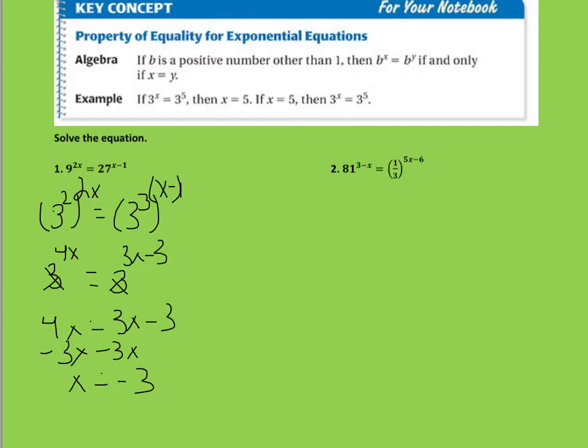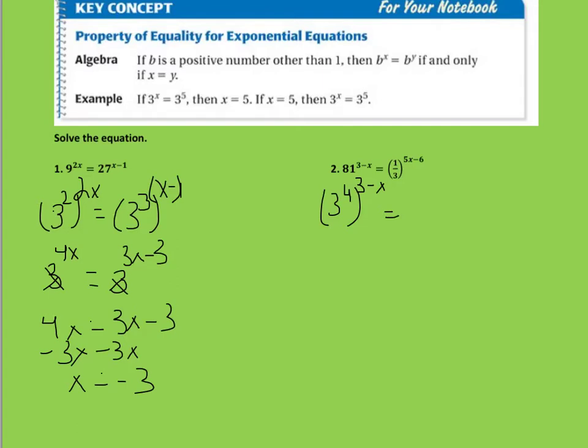Okay, so anytime you see a whole number in a fraction, one of the exponents needs to be changed to a negative. So I know here 3 to the fourth is 81. So I'm going to change that to 3 to the fourth. And then you have 3 minus x.